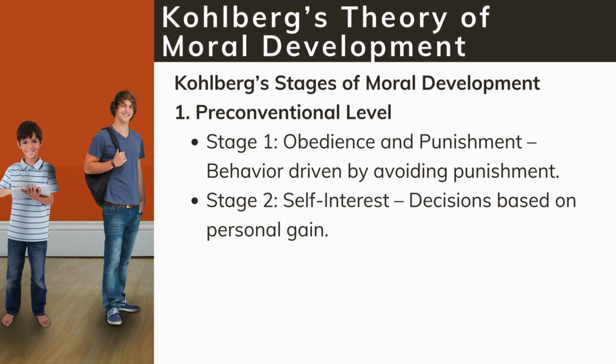The child aims to avoid punishment, such as the child following rules to avoid getting scolded. Stage 2, self-interest. This is acting based on personal gain. A child shares toys only when rewarded.